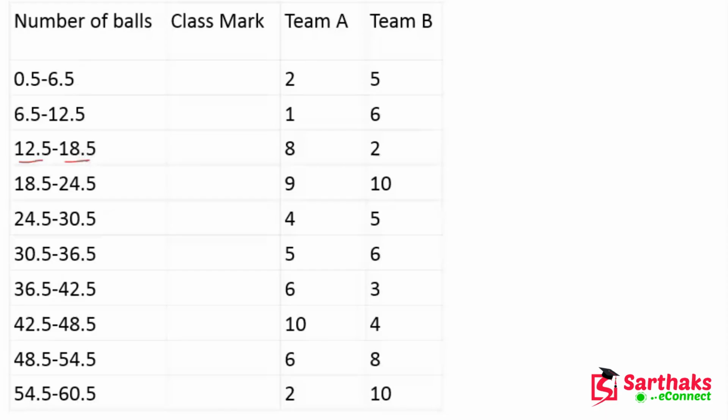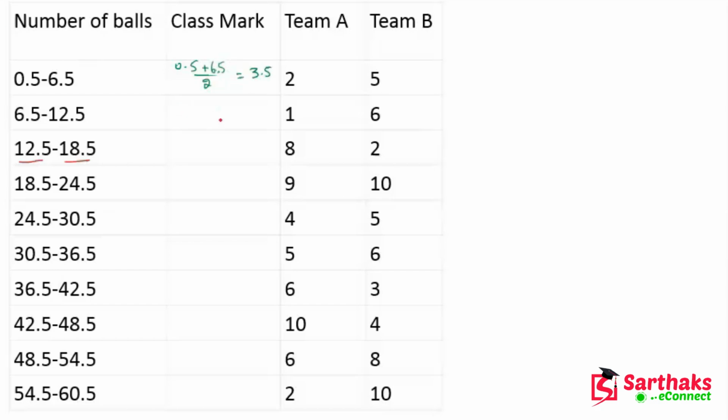Now we have to find the class marks. We know that the class mark is the upper limit plus the lower limit divided by 2. So if we add these two limits, 0.5 plus 6.5 divided by 2, we get 3.5.